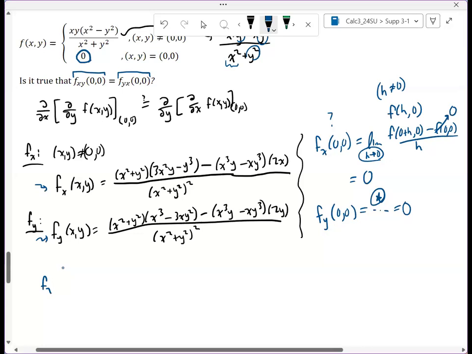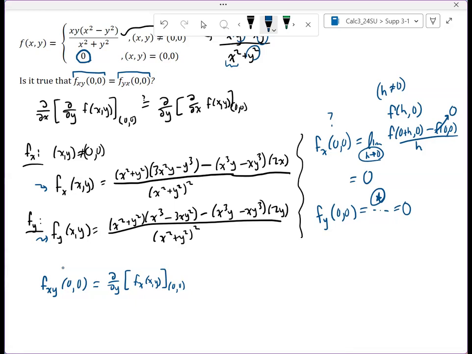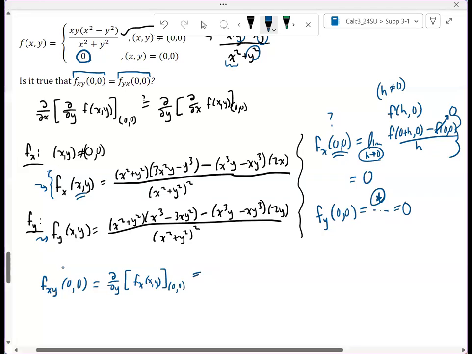So what is fxy at 0, 0? Well, that means this. It means the y partial of this function at 0, 0. Or in other words, that means the limit as h goes to 0.